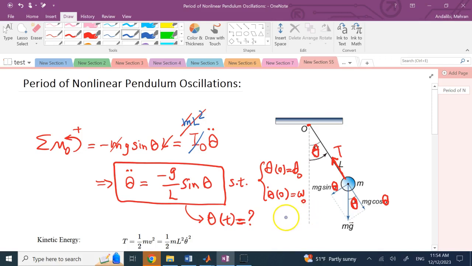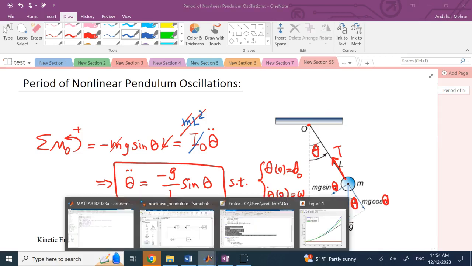And mathematically, I forgot the name of the mathematician, but he showed that none of the functions we know in math can fit if you plug it into this ODE. So in general, the nonlinear pendulum has no closed form solution for theta of t with a limited number of terms. So the only way we can solve it is numerically.